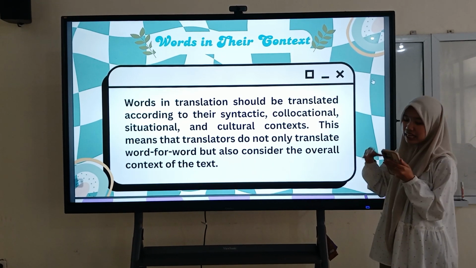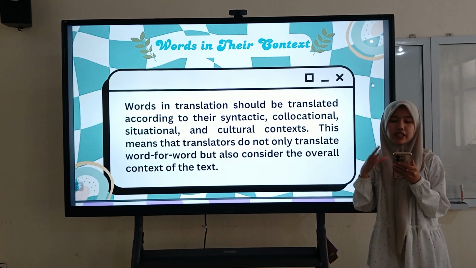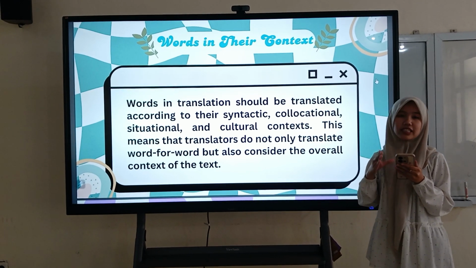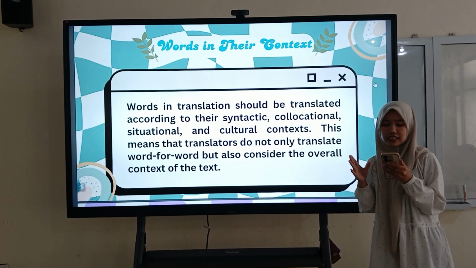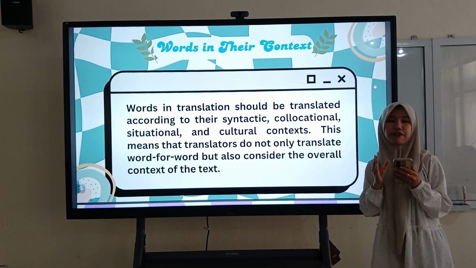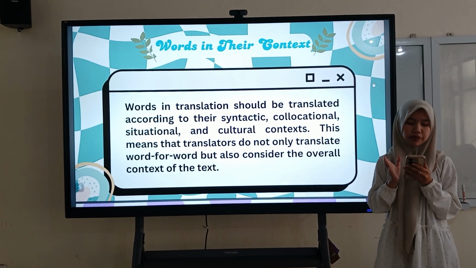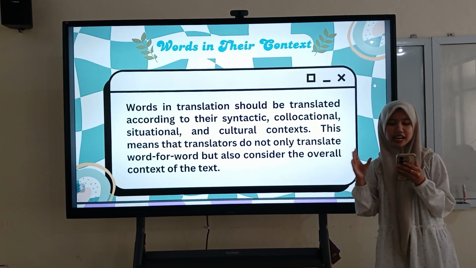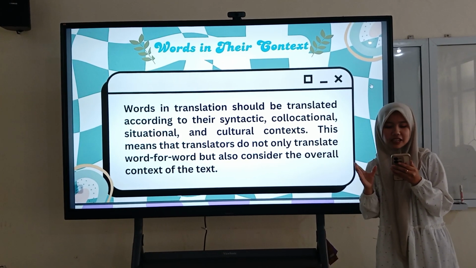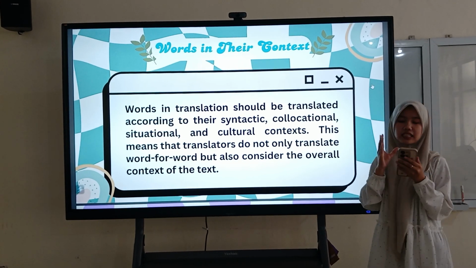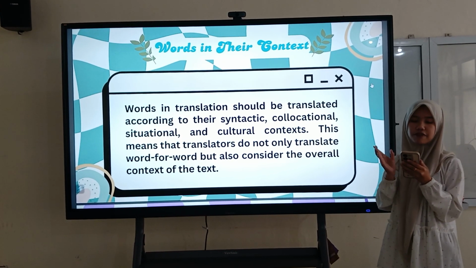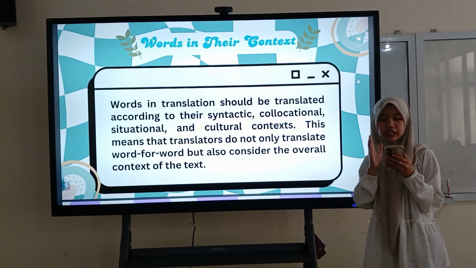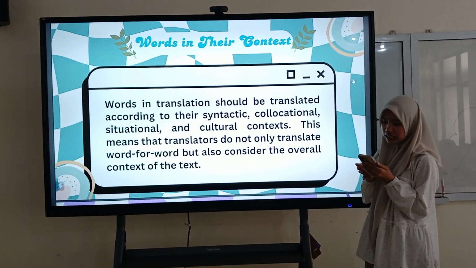Here, the syntactic context helps to ensure that running is translated as berlari, keeping the original meaning. On the other hand, the phrase "he is a fish out of water" cannot be translated literally to "dia ikan di luar air" in Indonesian. This shows the cultural context, as the meaning of the idiom is better expressed as "dia merasa tidak nyaman" in Indonesian to show what it really means.